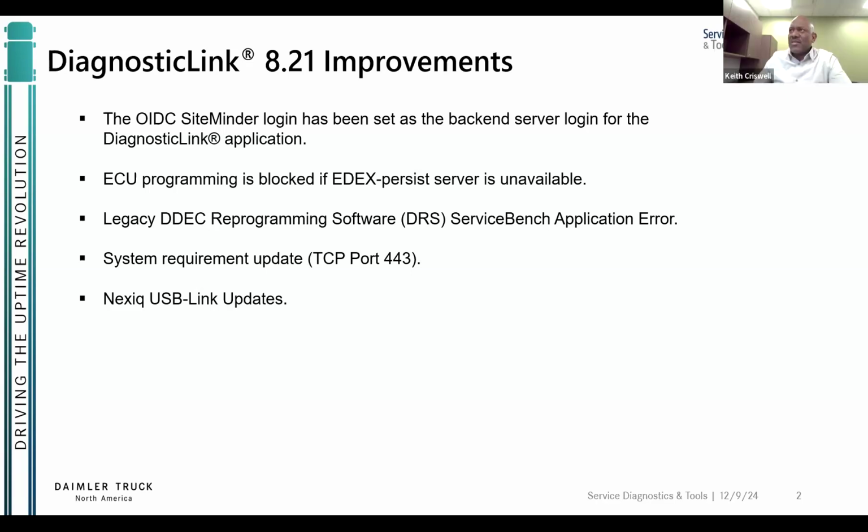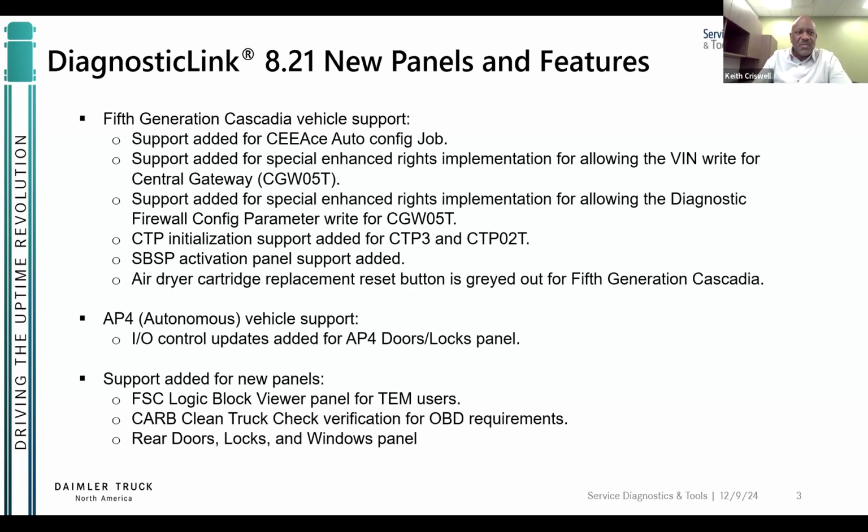So I'll talk about the DiagnosticLink 8.21 improvements and enhancements. One of our panelists will cover the 5th gen Cascadia vehicle support. And as Leston mentioned, the AP4 autonomous, we'll touch on that. Dominic or AJ and Leston can cover the support for the newly added panels.